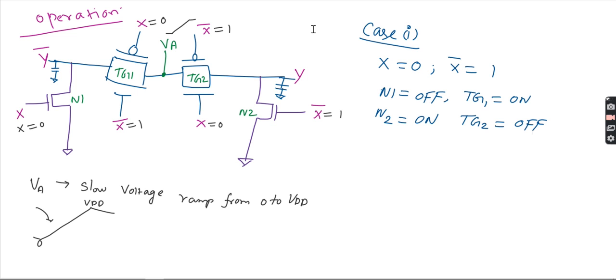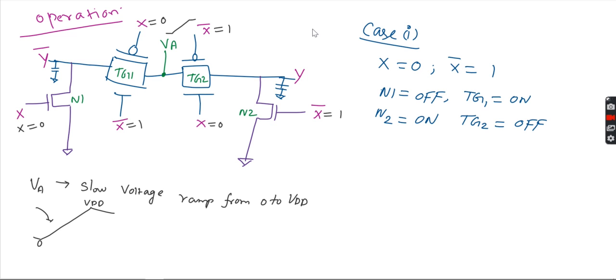NMOS can produce good zeros but bad ones. PMOS is good at passing 1 but weak at zeros. But the transmission gate is able to send the entire range of values from 0 to VDD without any degradation. That is the important characteristic of the transmission gate.